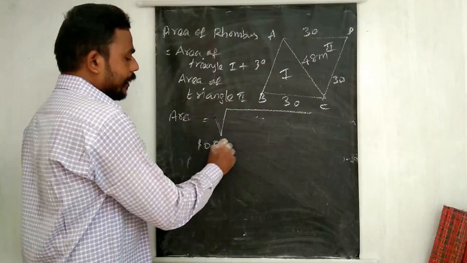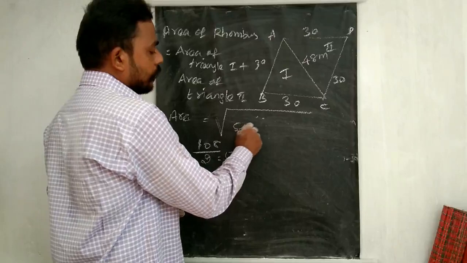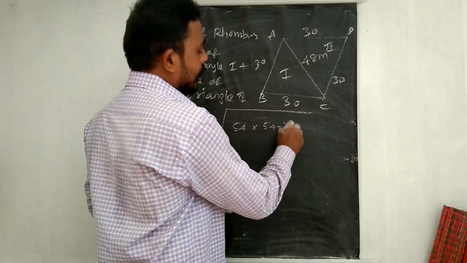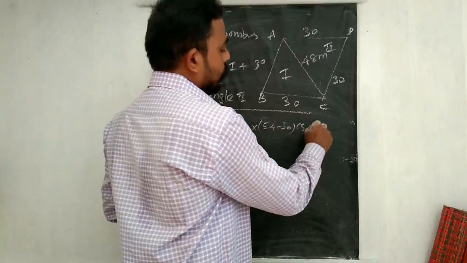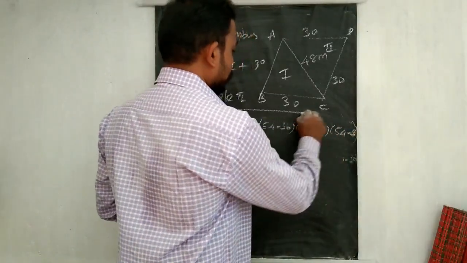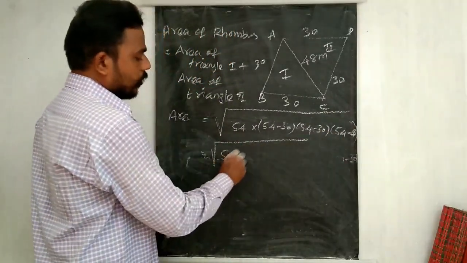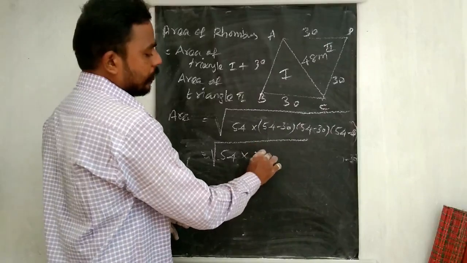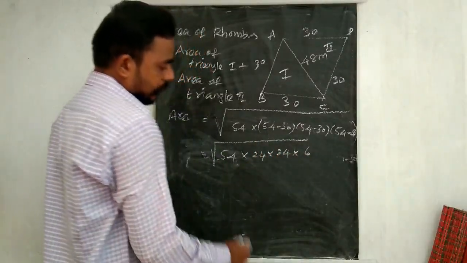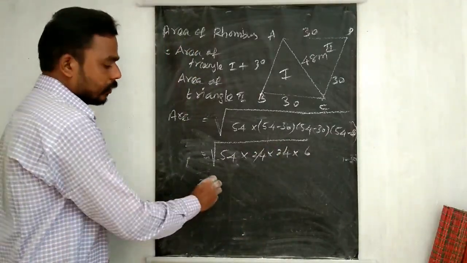So 108 divided by 2 is nothing but 54. Sorry. So 54 into 54 minus 30, into 54 minus 30, into 54 minus 48. So 54 into 24, 24, here 6. Here 24 is doubled, so I can write 24.